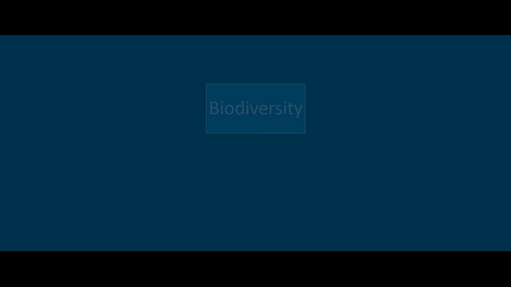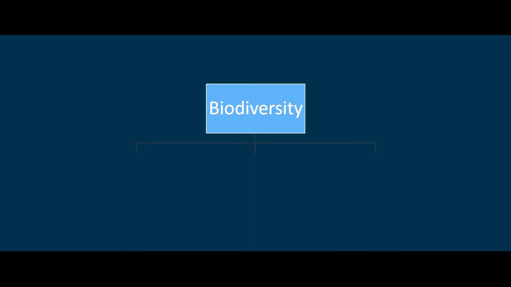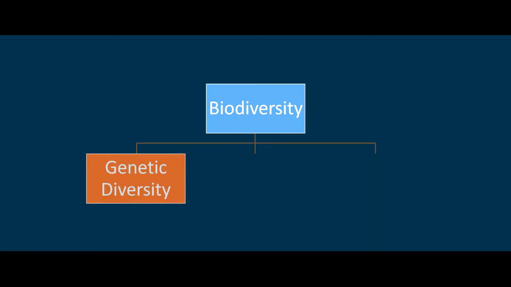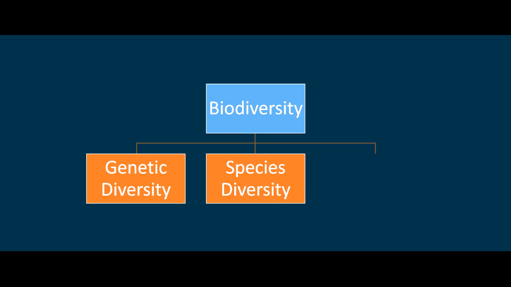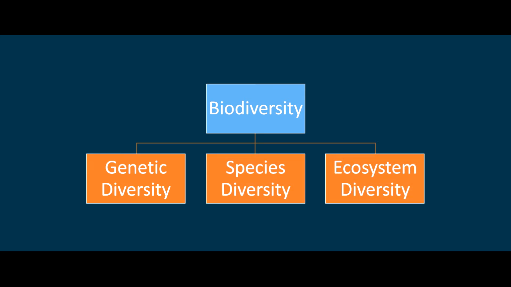So, if you look here, I have here the classification of biodiversity. So, we can study biodiversity at 3 levels, that is genetic diversity, species diversity, and ecosystem diversity.